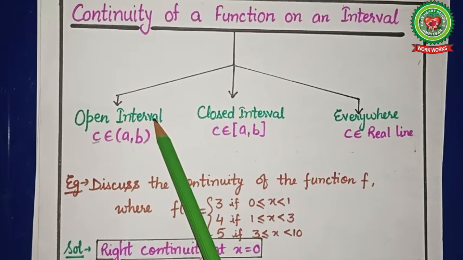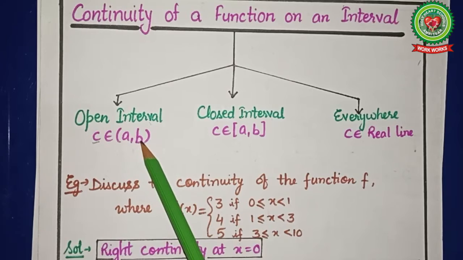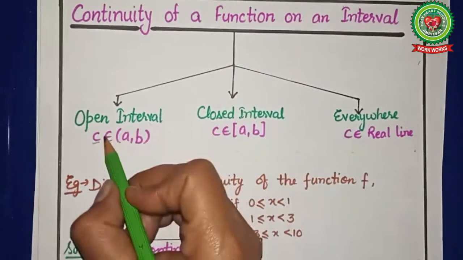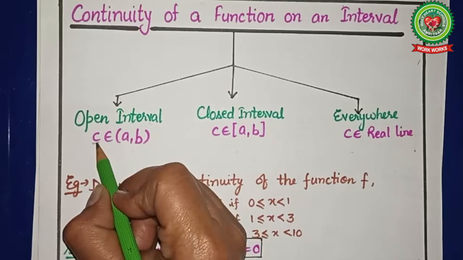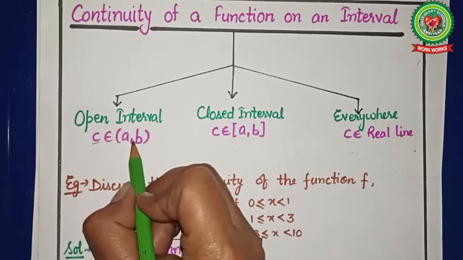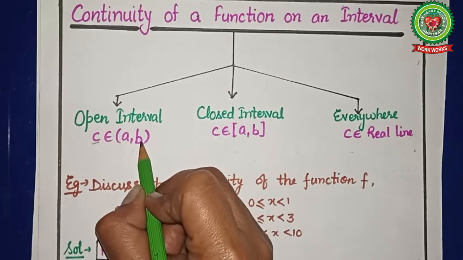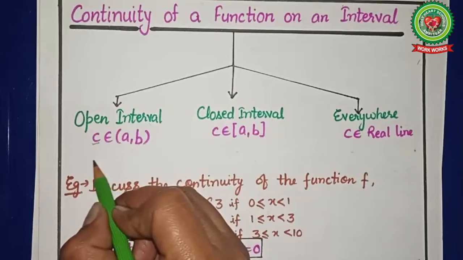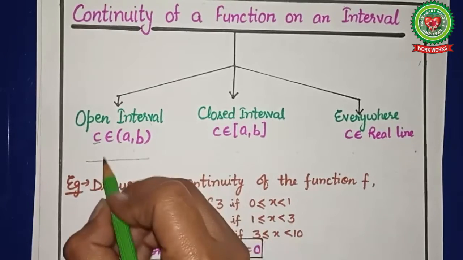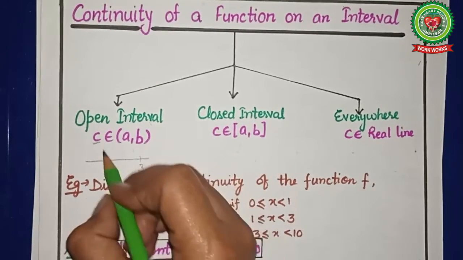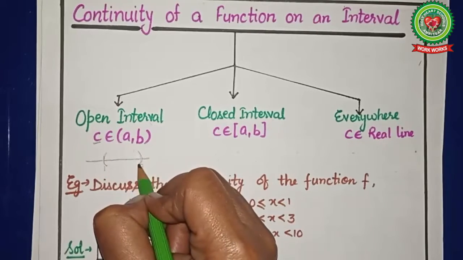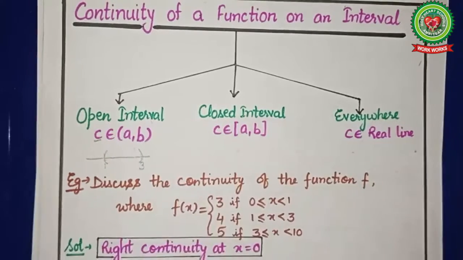Open interval means endpoints are not included. We will consider the continuity of the function at any point that lies between the interval a and b. For example, we are having an interval 1 till 3. It is an open interval, which means endpoints are not included.